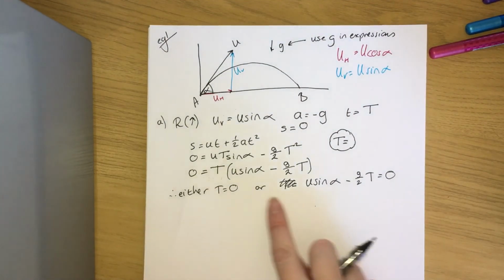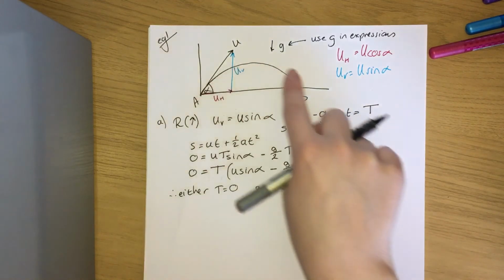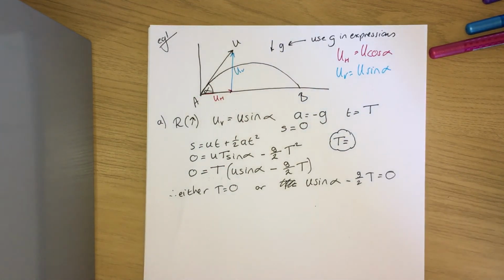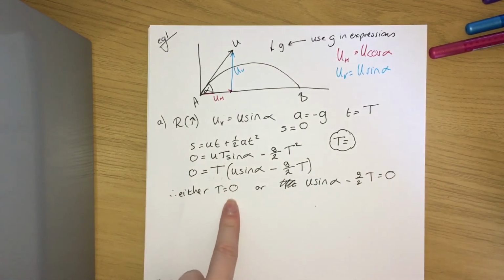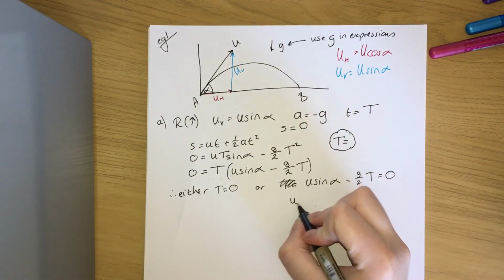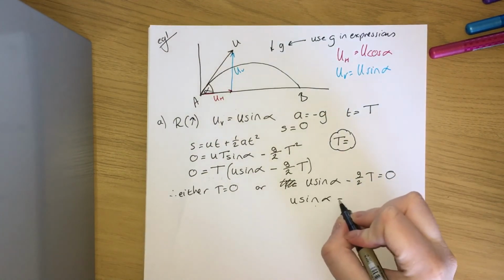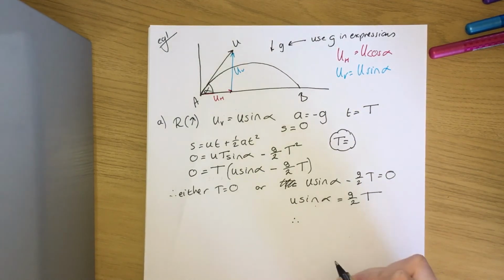So either t itself is equal to 0 or all this is equal to 0, which is obviously when we get to this point, because our 0 is our displacement at the moment. There's nothing to rearrange in the first case, so this is not going to give me an expression for t, whereas rearranging this expression will. So we want to make t equals: u sine alpha is equal to g over 2 t.